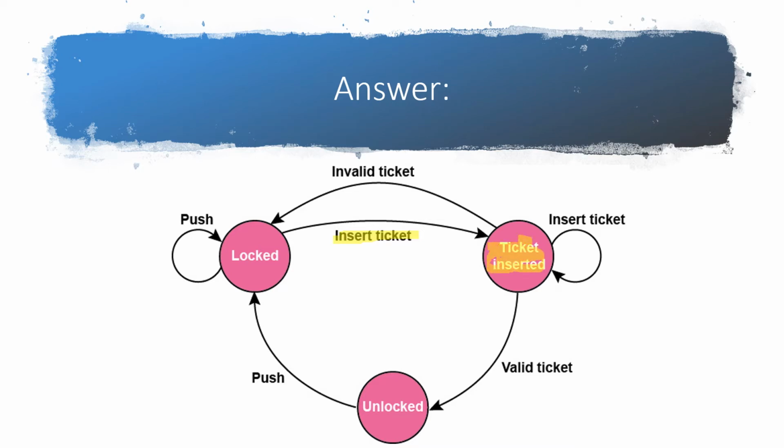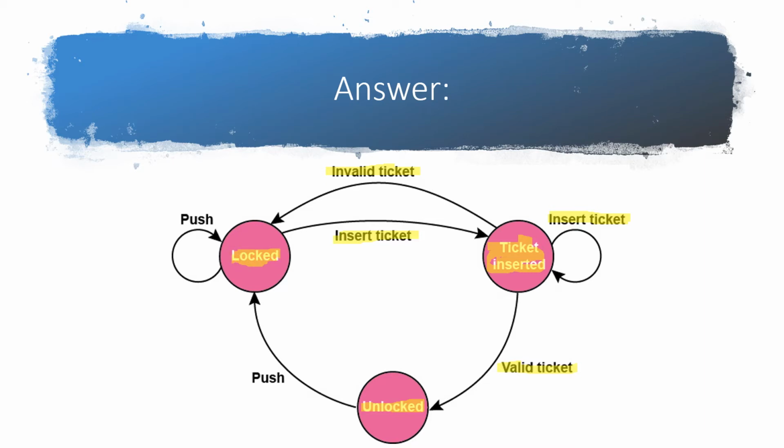If you notice, at this point, if we keep trying to insert the ticket, it's going to stay on this particular state. Now what we have to do on this state is determine whether the ticket is valid or not, because if the ticket is valid, we go to the unlocked state. But if our ticket is invalid, we go back to our locked state again.